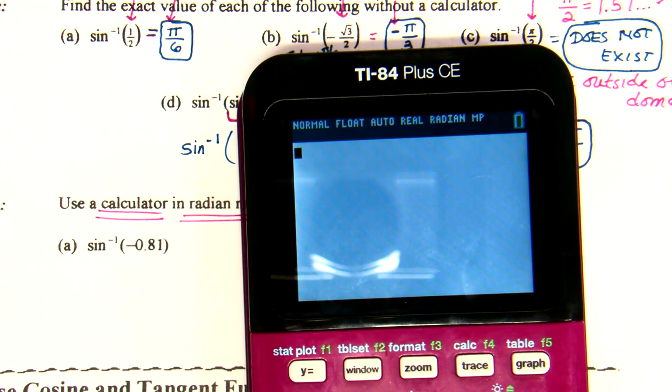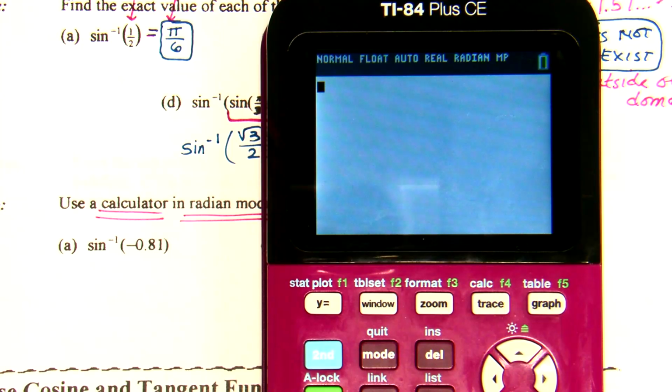I told you earlier, I had vetoed the second sine, second cosine, second tangent buttons on your calculator when we were doing reciprocals, because they are inverses. So here we go. Second sine of negative 0.81. There you go.